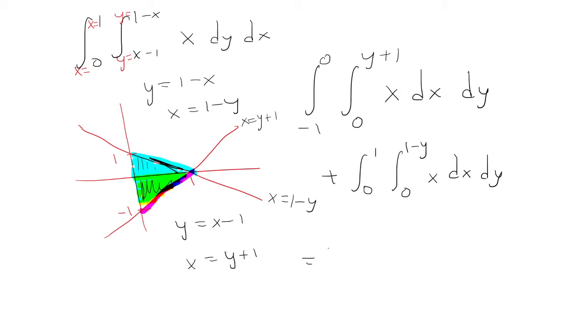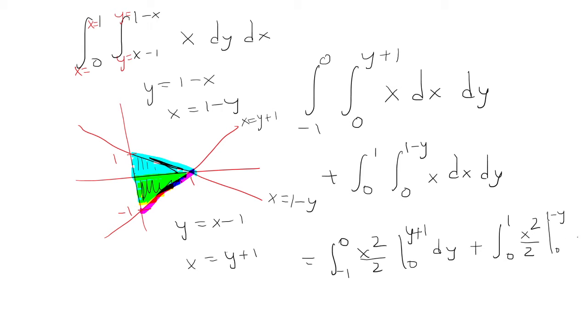So we have to integrate this. We'll have the integral from -1 to 0. Now the antiderivative of x is just x squared over 2, going from 0 to y plus 1 dy. And then we have to integrate x again, and that will just be x squared over 2, going from 0 to 1 minus y dy.